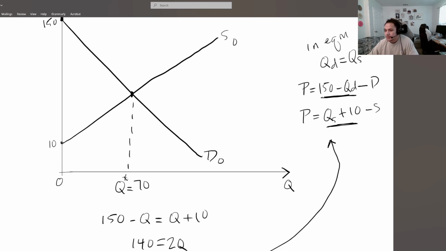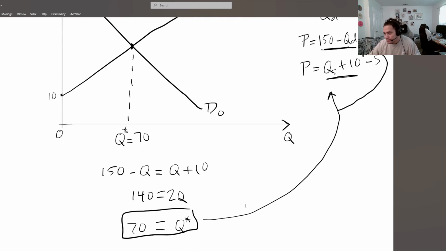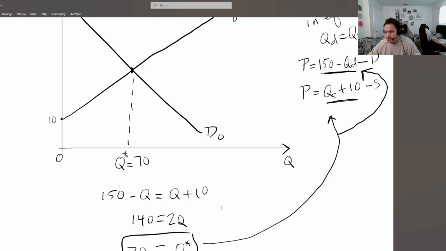Because this is in equilibrium, it doesn't matter which one I choose. I can plug it into my inverse demand or my inverse supply, but I would probably choose supply here just because it's so much faster and easier with that functional form.